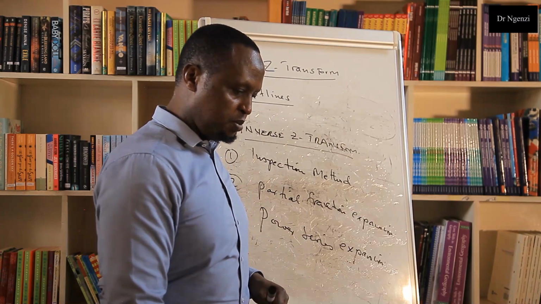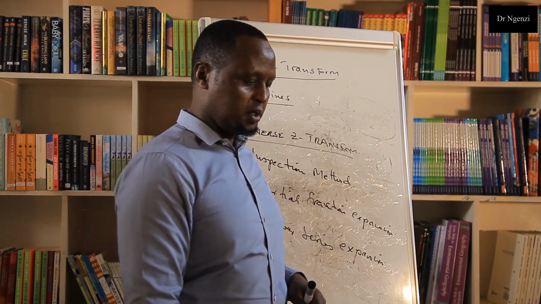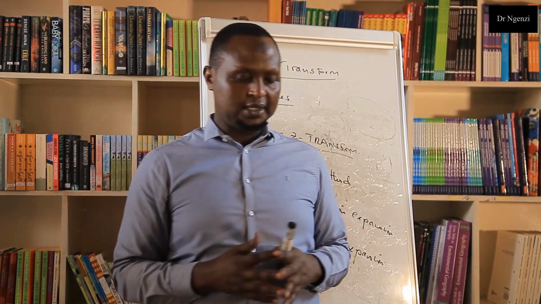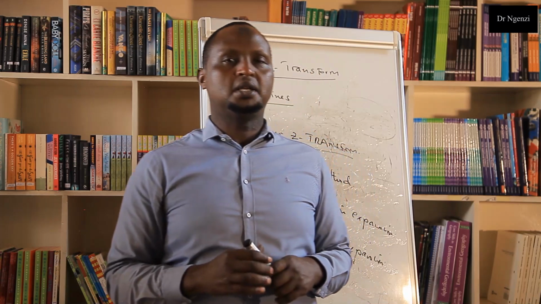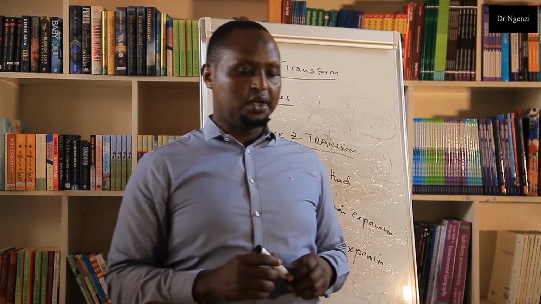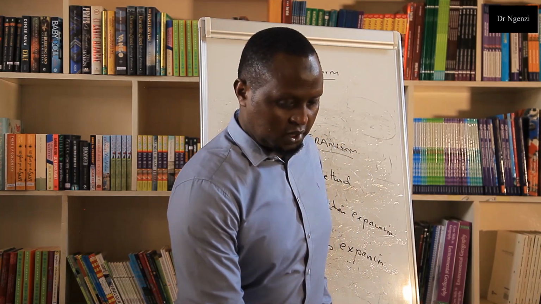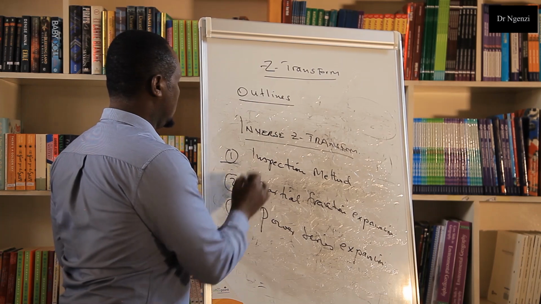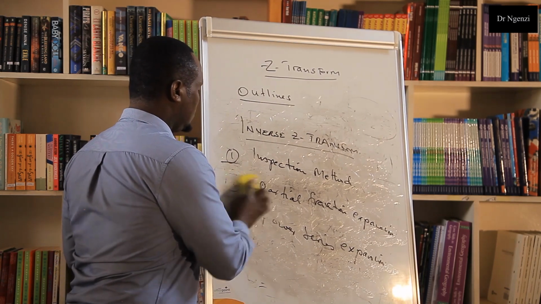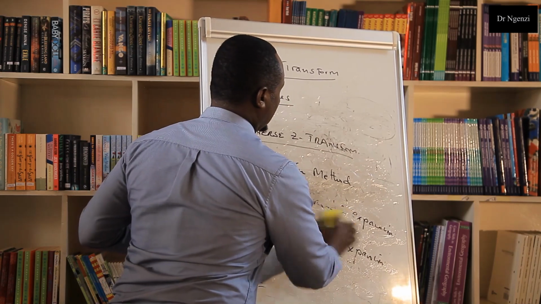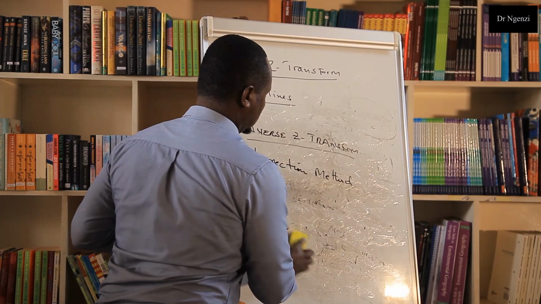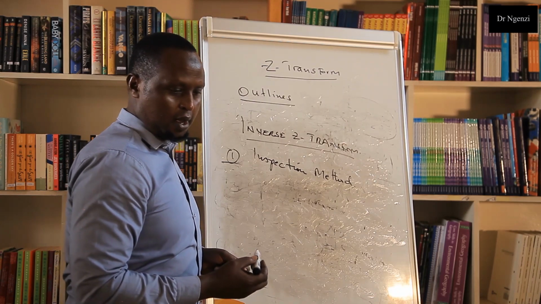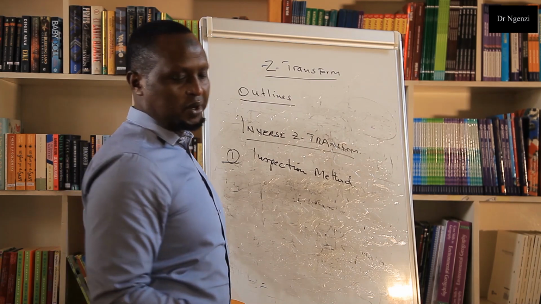So we begin with the inspection method. In the inspection method, we use known Z transform pairs, such as the common Z transform pairs that are seen in the table itself. For example, we use the normal Z transform pairs.